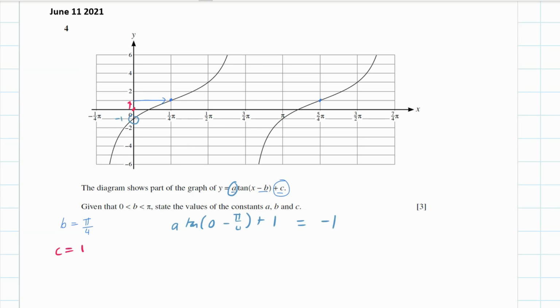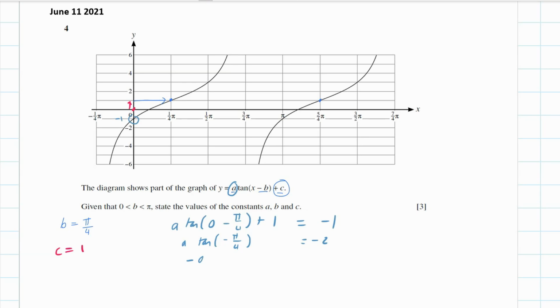So then I just rearrange this, and I get that A times tan of -pi over 4 equals -2. Tan of pi over 4 gives me 1, so A times -1 equals -2.